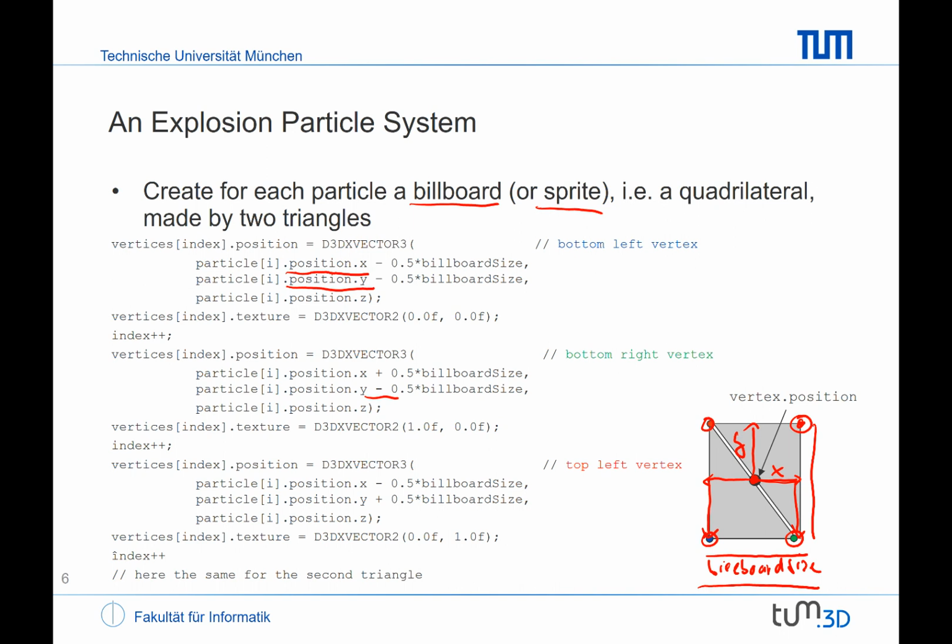Because here we said that we take the center point of the particle, and then we move a step of 1/2 along the x, and a step of 1/2 along the y, or into the negative direction. Then this brings us to the corner points.